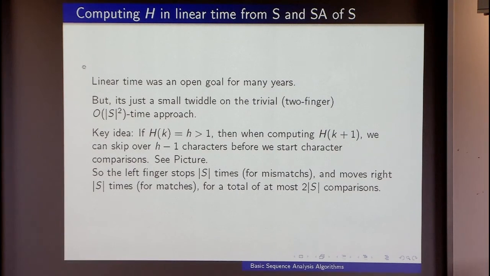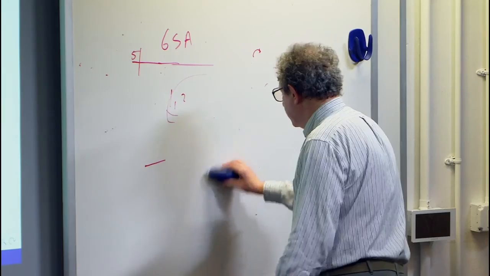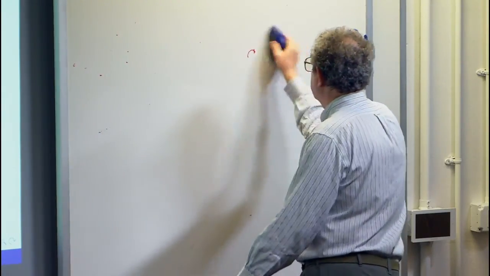This was an open goal for many years, just as the question of finding a suffix array without building a suffix tree was open for many years. But it turns out that there is a linear time algorithm for this, which I'm going to show you, and it really is just a twiddle on the two-fingered approach.